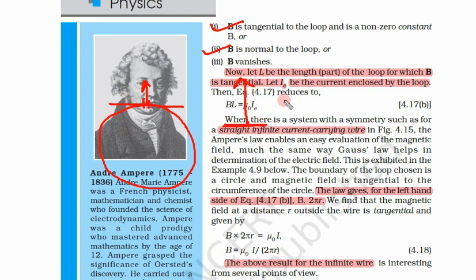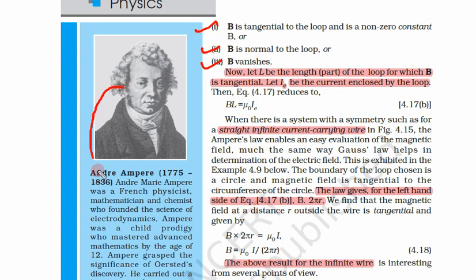So this is second type of loop, and we can choose a third type of loop where for some part of the loop magnetic field is not there. Let us say this loop is in two parts. So for this part, left part, there is magnetic field which is in this direction.